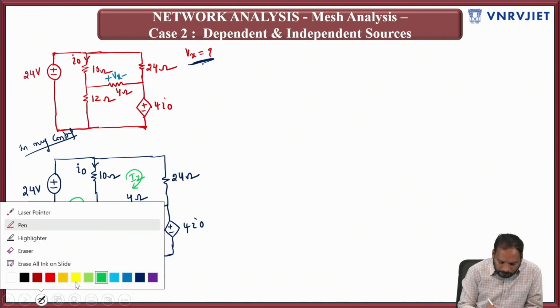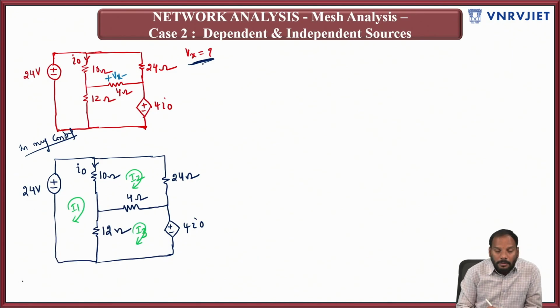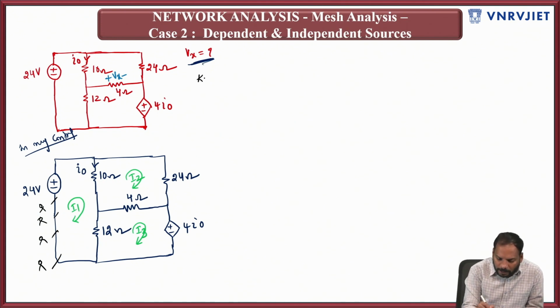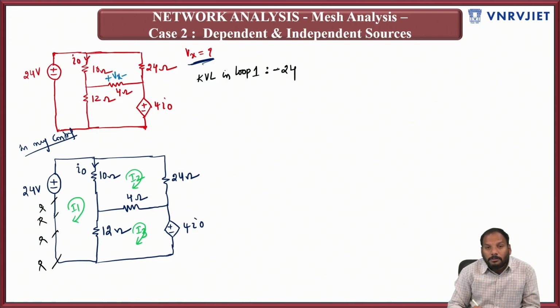I'm going ahead with the first loop. I'm here, next here, and I'm touching the negative terminal of the battery. So KVL in loop 1: it is minus 24.